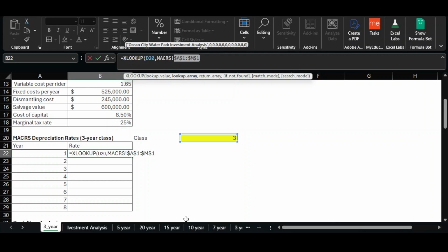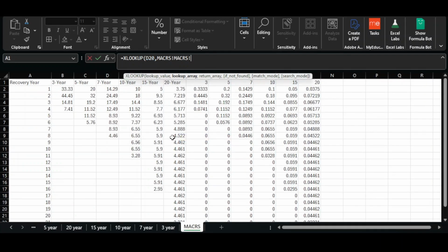Hold on, let me go back to the 3 year. Sorry, I think that was here. You highlight this entire thing. Yeah, that's right. Your lookup array should say exactly like this. And next, you give it the return array.